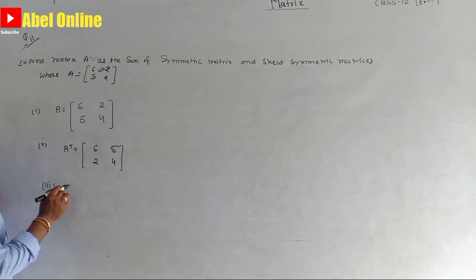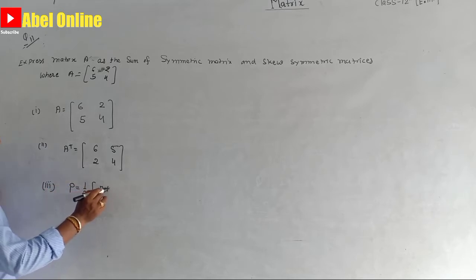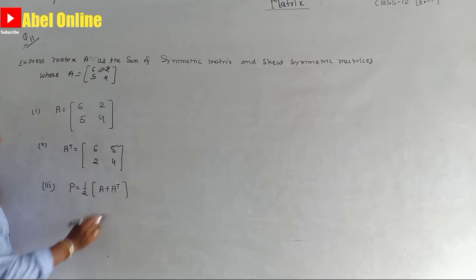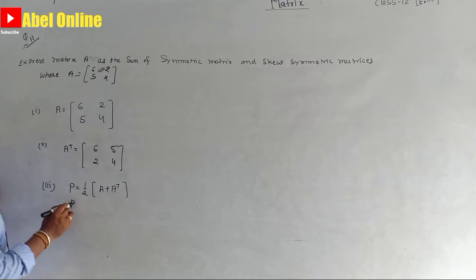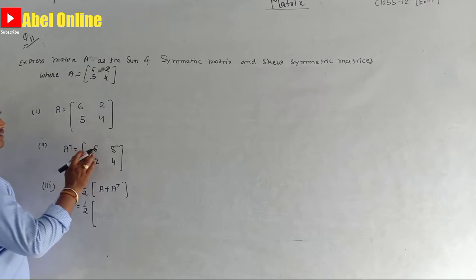Next is the third step. What is the third step? We have to find P. Let P equal 1 by 2 A plus A transpose. When we are saying about A plus A transpose, just add the corresponding elements.